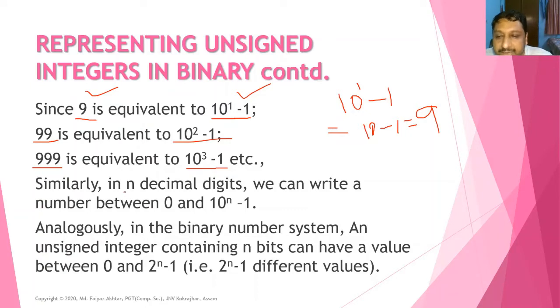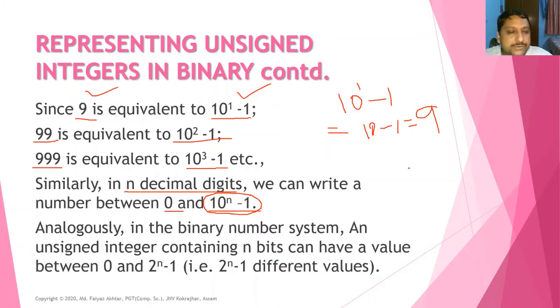Similarly, for n decimal digits, we can write numbers from 0 to 10 to the power n minus 1. This is the formula we have developed to represent the largest number for a total number of digits.